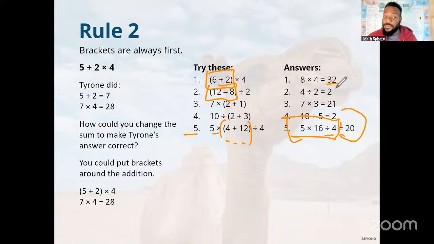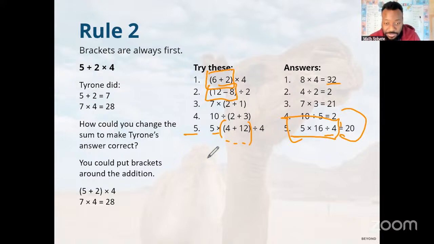Now you're thinking, wait a minute, they're on the same strength, right? So shouldn't it be a case that we're doing 5 times 16 and dividing our answer by 4? Well, let's have a look at that. There we go. So it's the same answer.